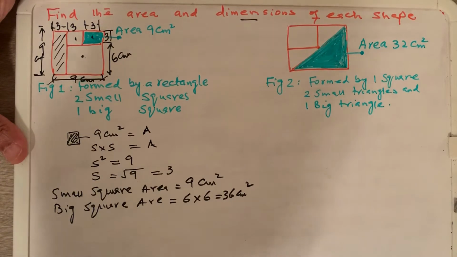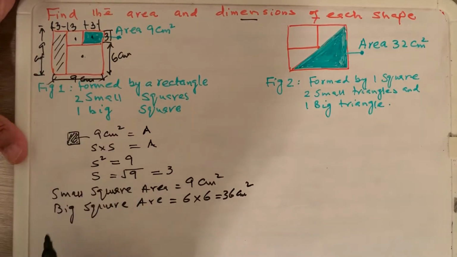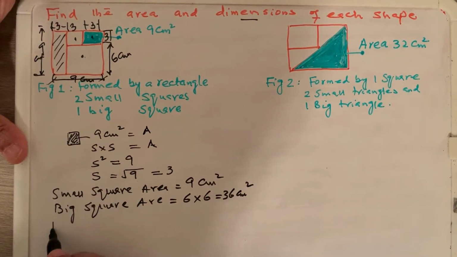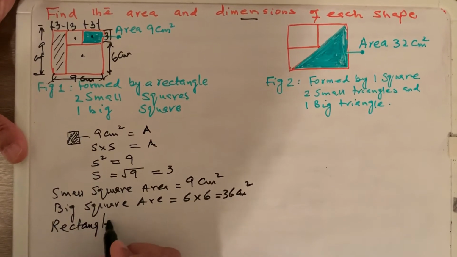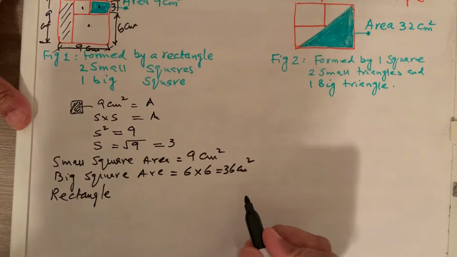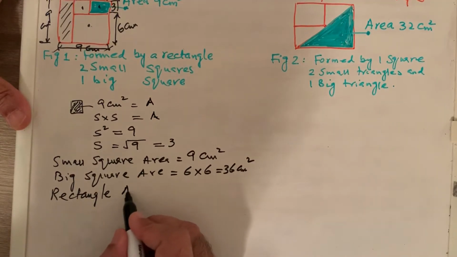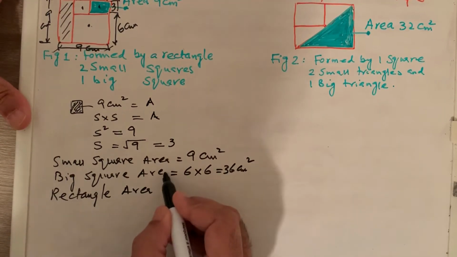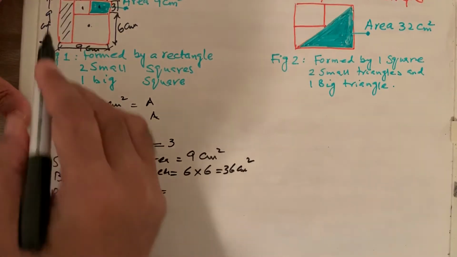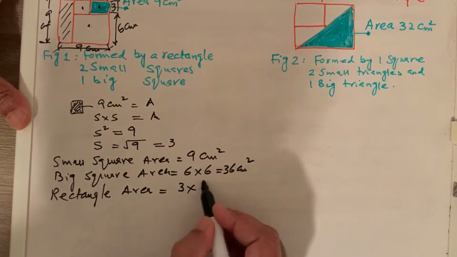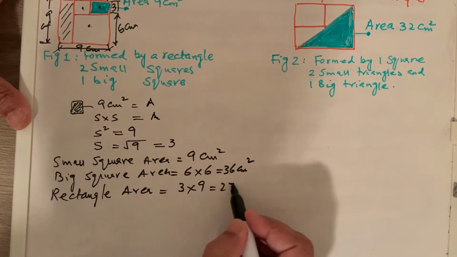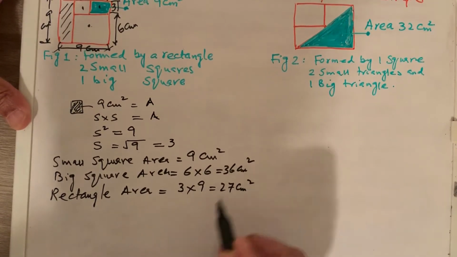Now, what is next? The rectangle. What is the area of this rectangle? The rectangle width is 3 and the length is 9. So 3 times 9 is 27 centimeters square is my rectangle.